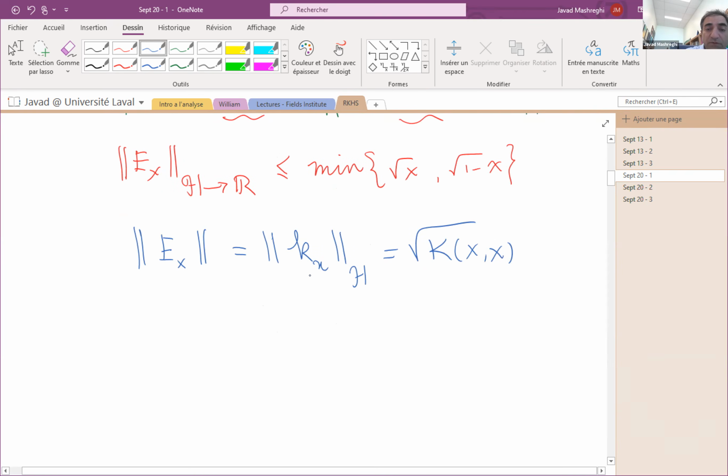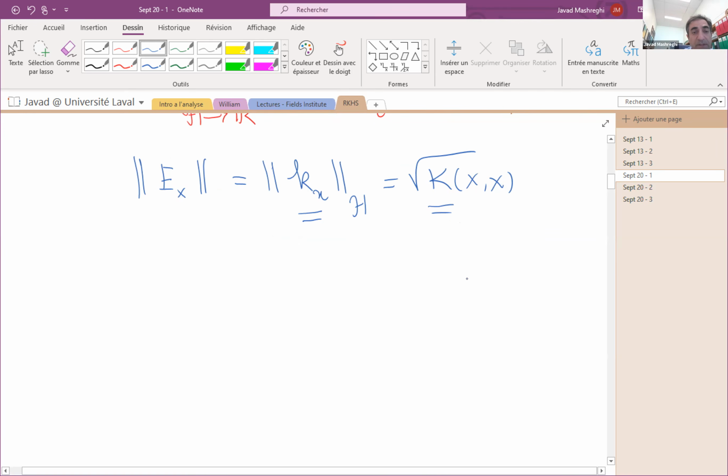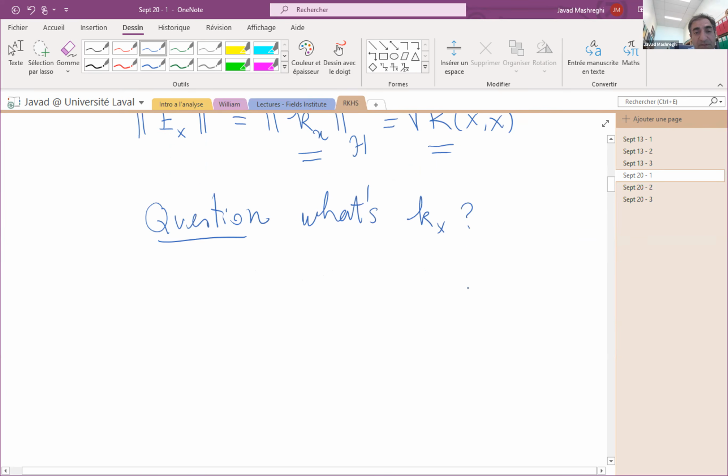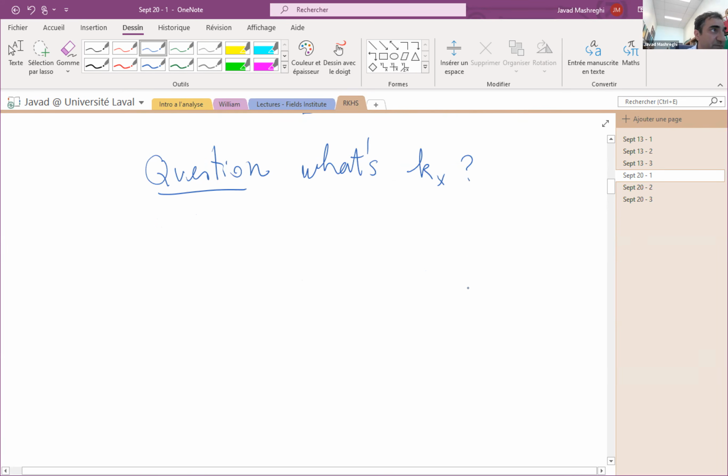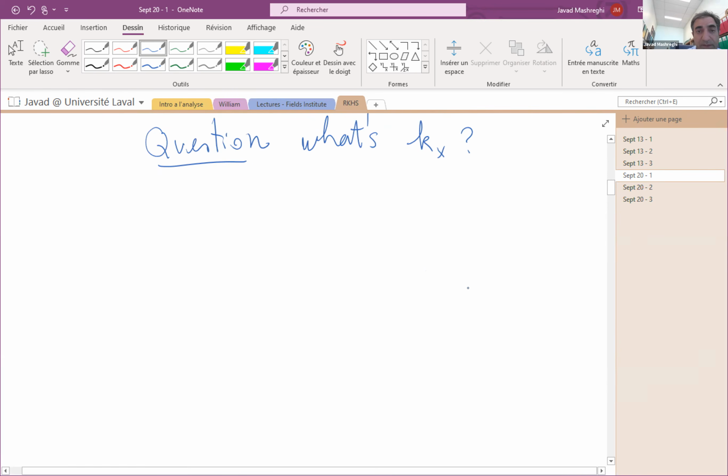So we need to find the kernel, either in the little form or the capital form; they are the same. And then by evaluating on the diagonal, we immediately obtain the norm of e_x. So the biggest question is, what is k_x? And for this, we need some tools from distribution theory to find the kernel. From here, it's the new material.